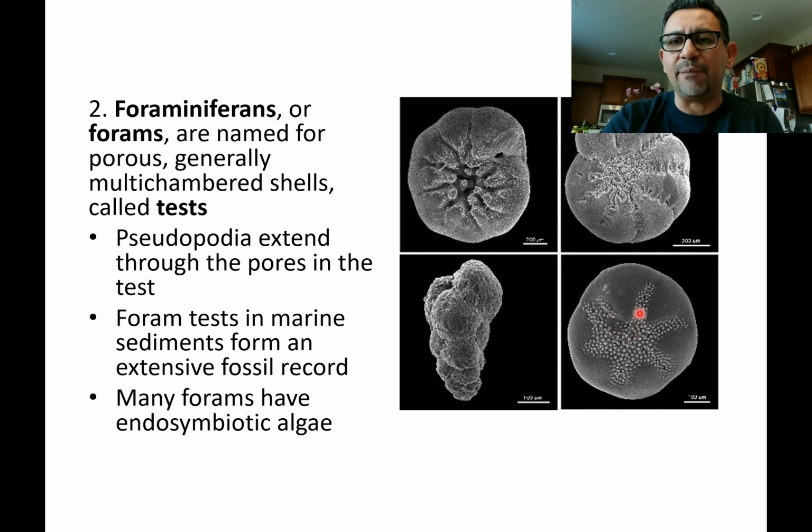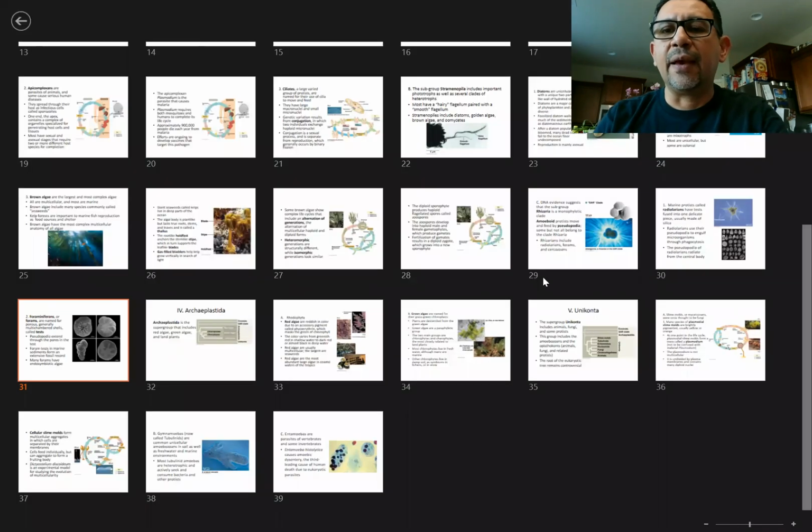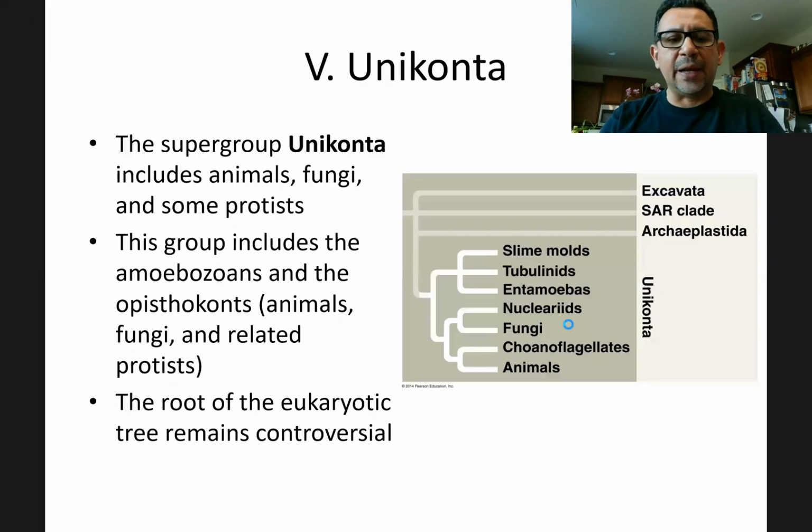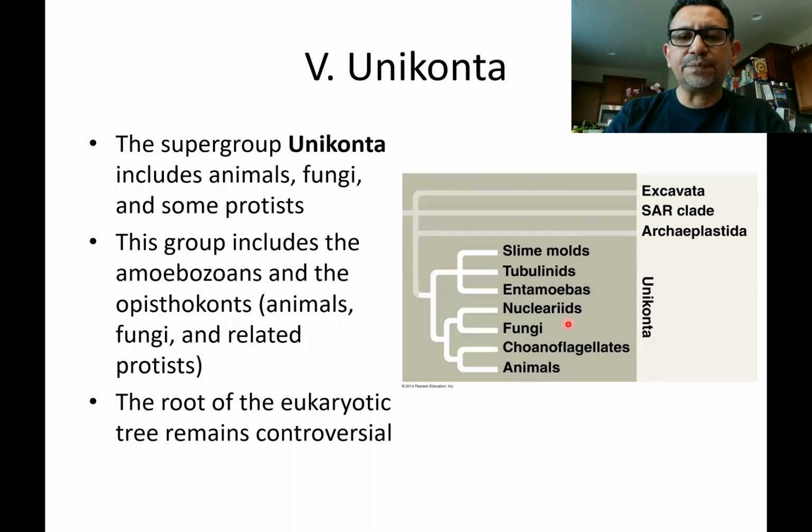The foram provides a safe space for algae cells to live in, and in return, they get some of the sugar made by the photosynthetic activity of the algae. Okay, so these are the amoeboid protists of the clade Rhizaria, which is a subgroup of the supergroup SAR.